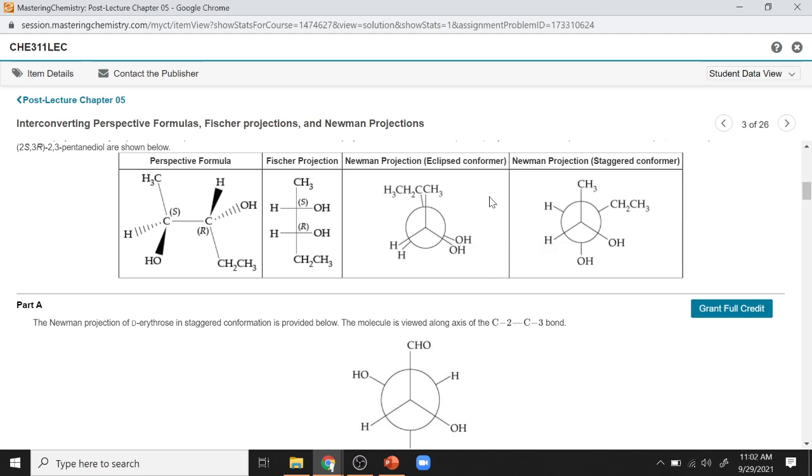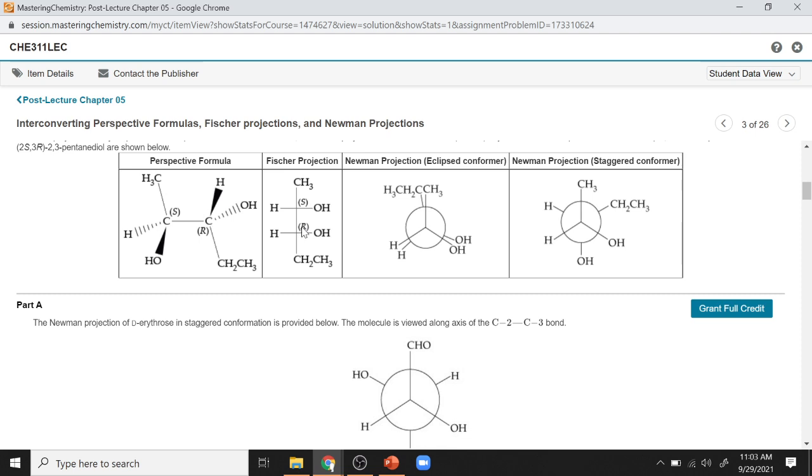Okay, Newman projections can tell you a little bit of information about chiral centers, a little, but they're really useful for conformations, okay? And so you're going to be looking down in a Newman projection, a bond, and you always look down a bond, right? So for example, typically in a Fischer projection, your carbons are numbered going downwards.